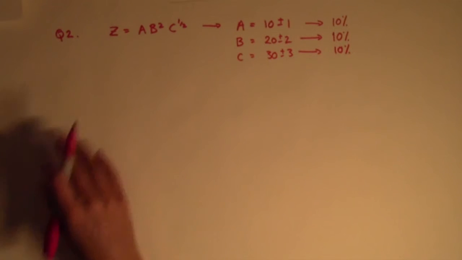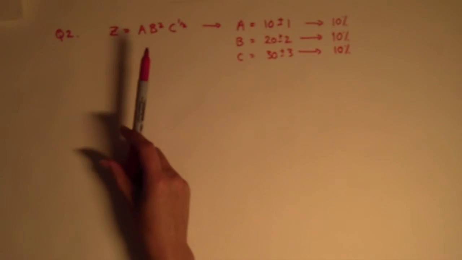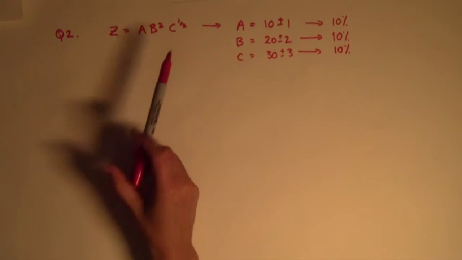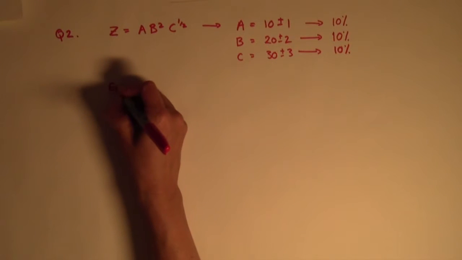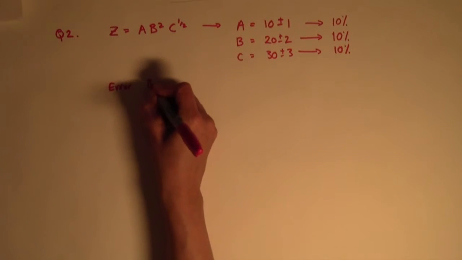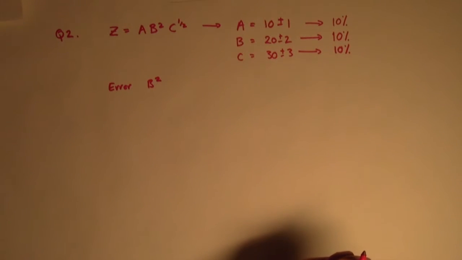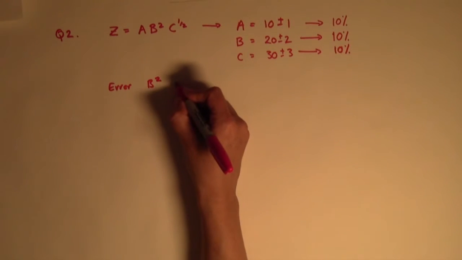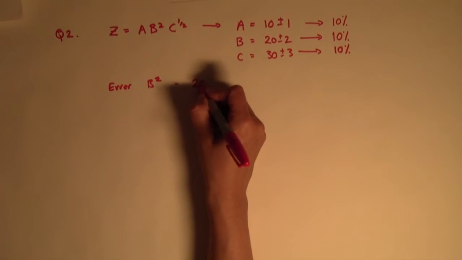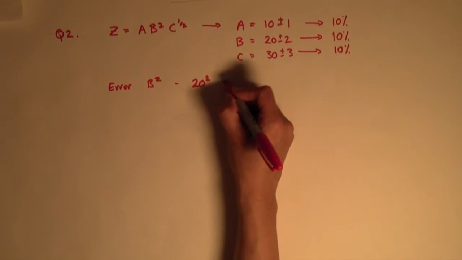Okay, so now we're having a look at the error in b squared. Our final value will be a times b squared times c to the power of a half. So first of all, we're going to have a look at the error in b squared. The value of b squared will be 20 squared, which is 400.